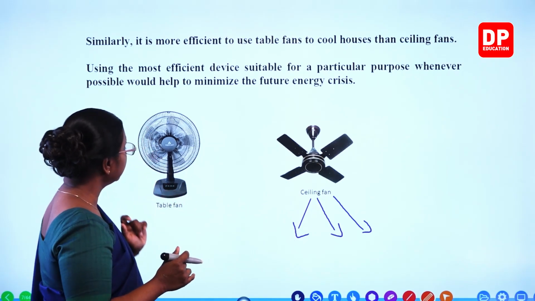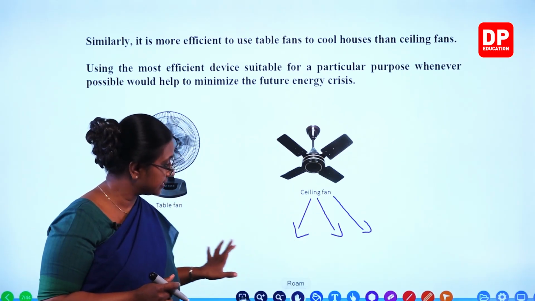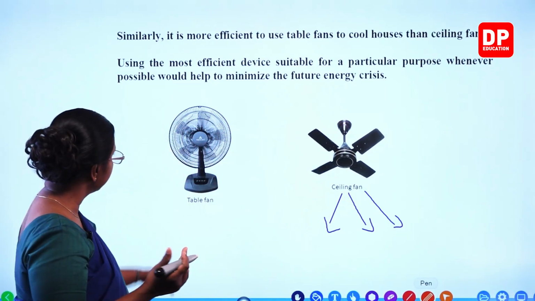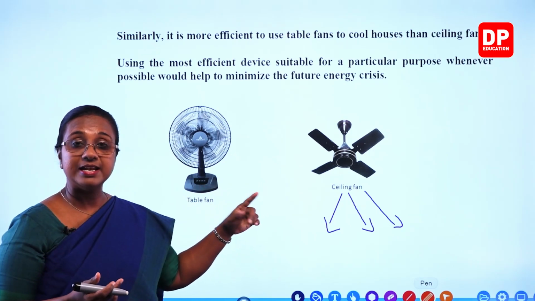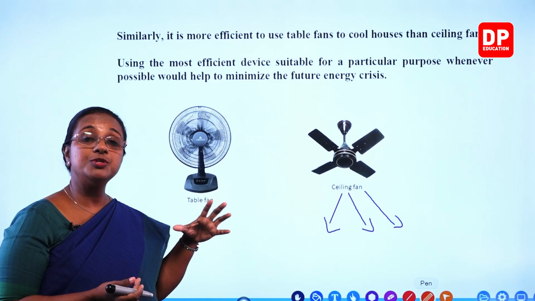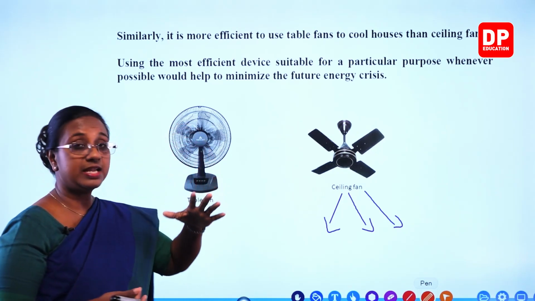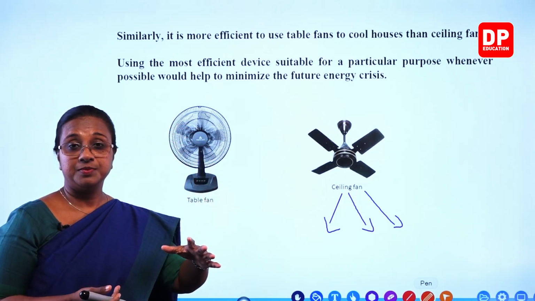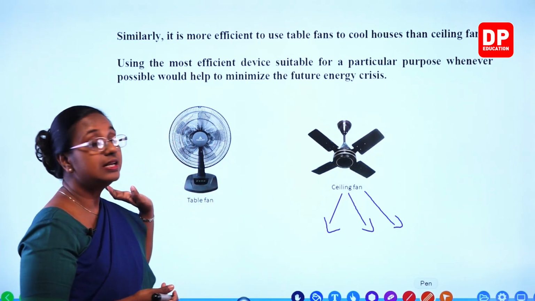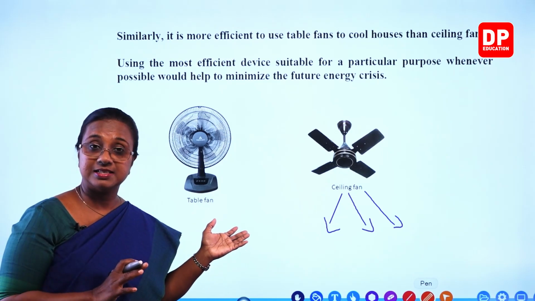But if you take the table fan or the pedestal fan, again depending on the size it varies, but when it rotates, it pushes the air from inside to outside. So because of that, the electricity consumed by the table fan is less.